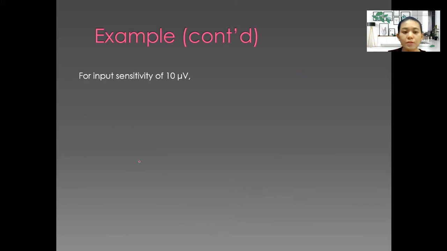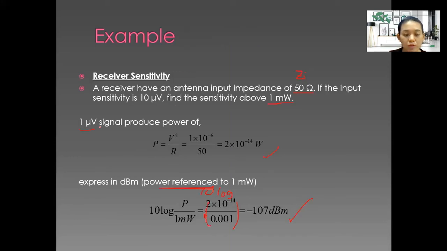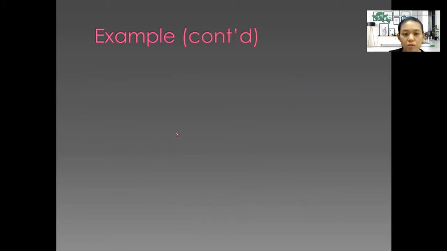Just now the question said the input sensitivity is 10 microvolts. We found 1 microvolt already, and now we want to find 10 microvolts. So 10 microvolts is equal to 20 log 10, so we have 20 dB. Why are we using 20 here? Because it is in voltage.